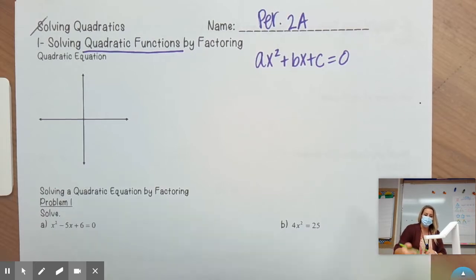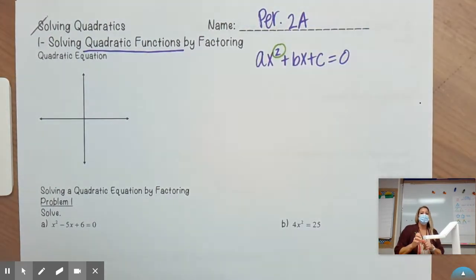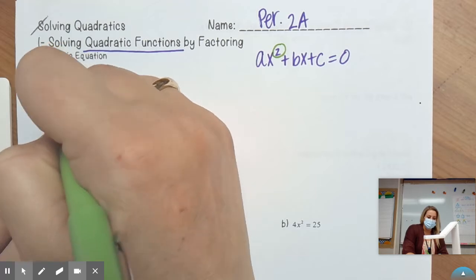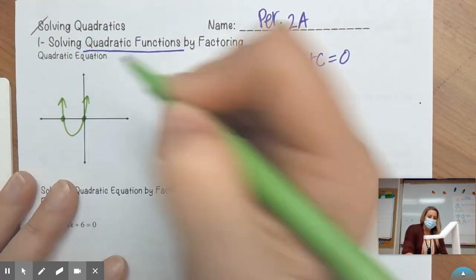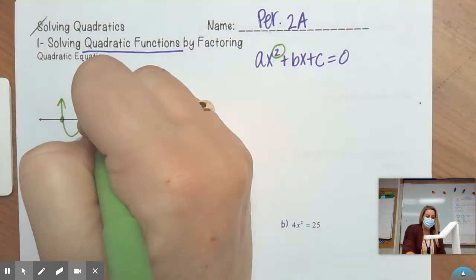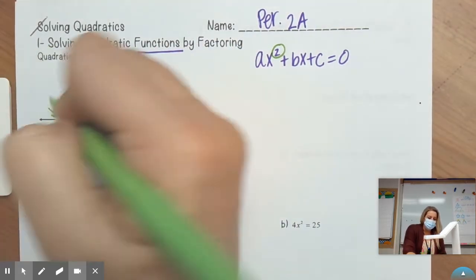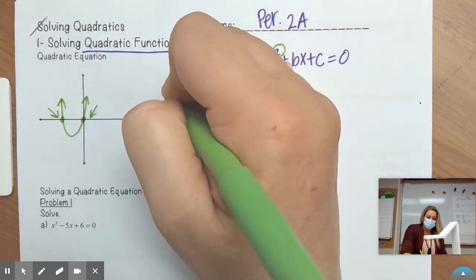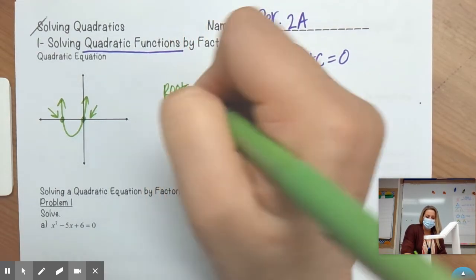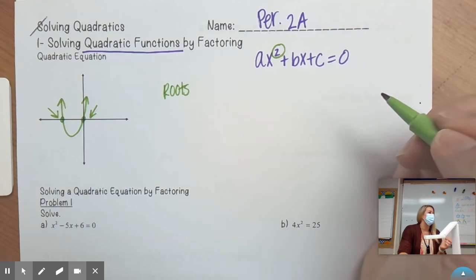Okay, now this little 2 means that there are usually going to be 2 solutions. But when we're looking at a quadratic, this is what it's going to do. It's going to create what's called a parabola, and that parabola is going to have a certain amount of solutions or roots or x-intercepts. So there's a bunch of words that are interchangeable. So you might see something that says find the roots of this equation.